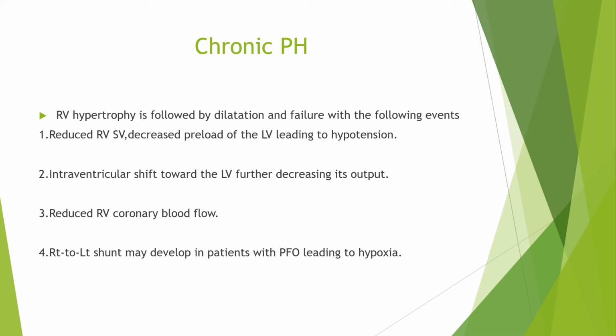With increase in the pressure in the right ventricle, there is intraventricular shift of the left ventricle, decreasing its output, what's called interseptal deviation. The septum is deviated from the right side, crouching the left ventricle with subsequent reduction of the left ventricular output.